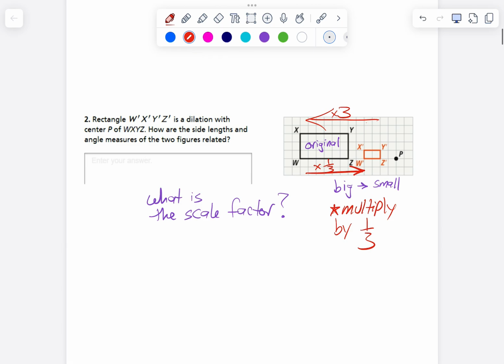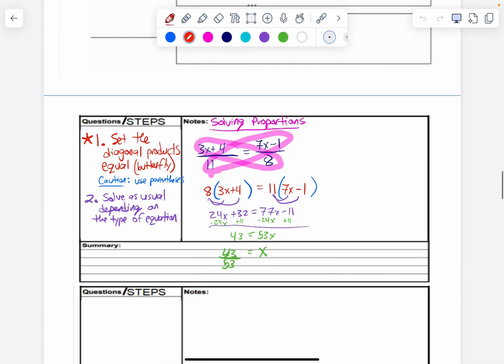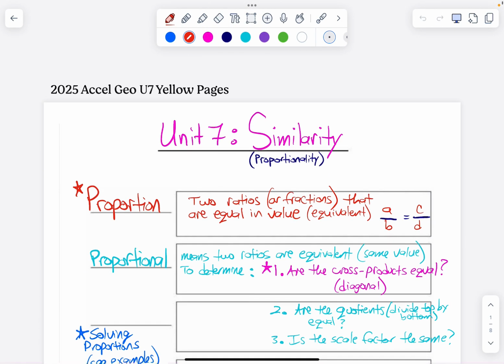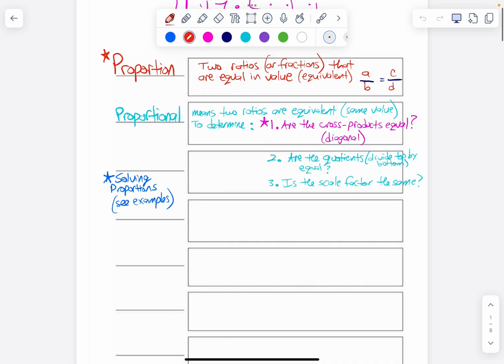Okay, let's go put some of that stuff in our notes. These are concepts. If you need, I can write a little example in there as well.